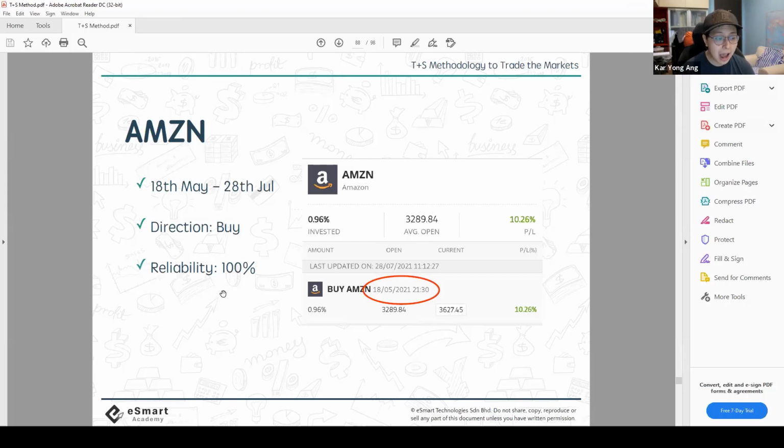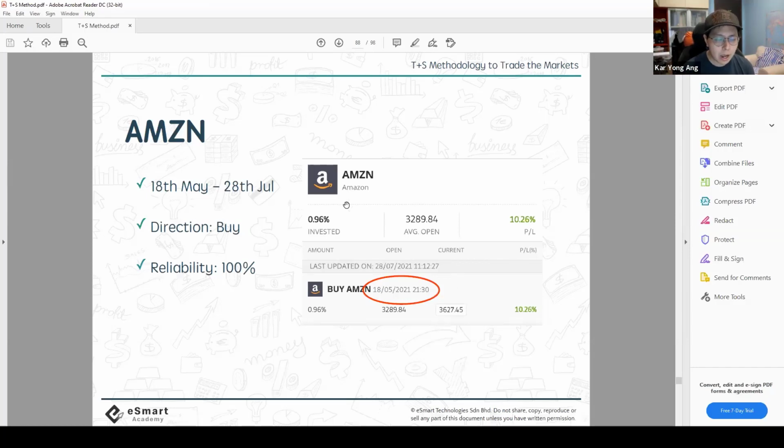There is 100% probability, meaning the past 10 years, all the way until 2020, Amazon during this window of period has never failed to rally. And then if you add in 2021, this year, which just passed, it's also a winning one. So the stats continue to be 100%.